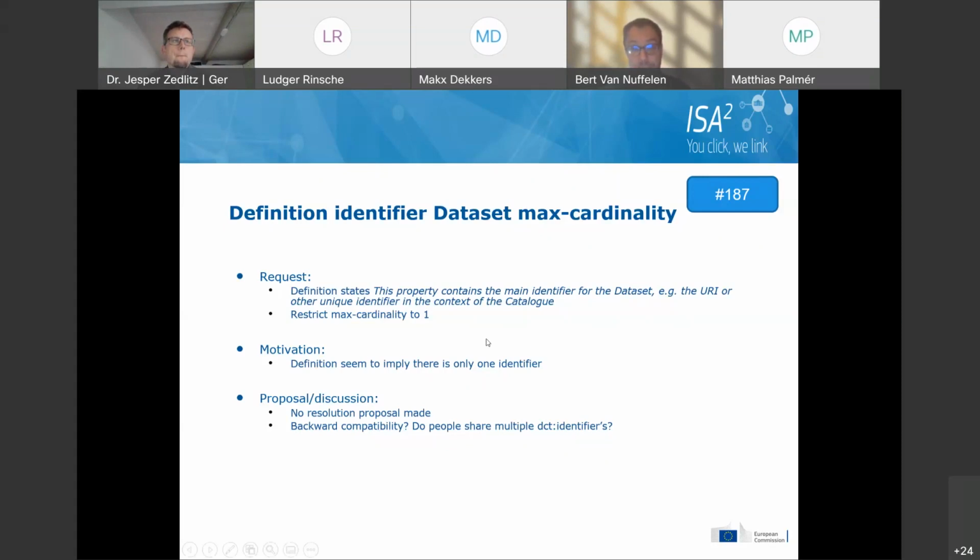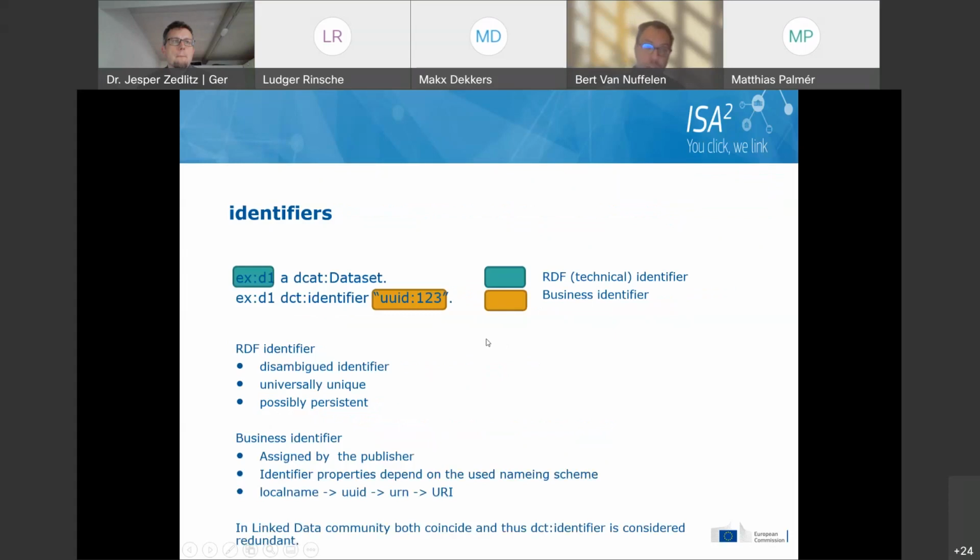To show a bit on the identifiers topic: if you look at identifiers, we have two that play a key role very often. We have the RDF one, which I call the technical identifier, and we have DCT identifier, which has a value.